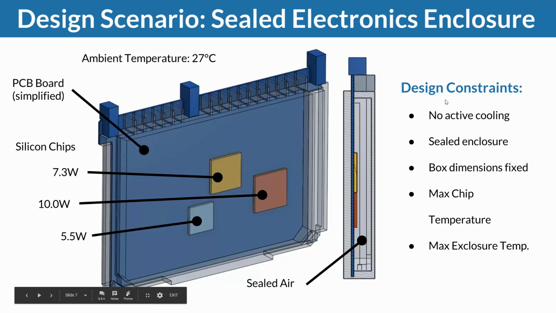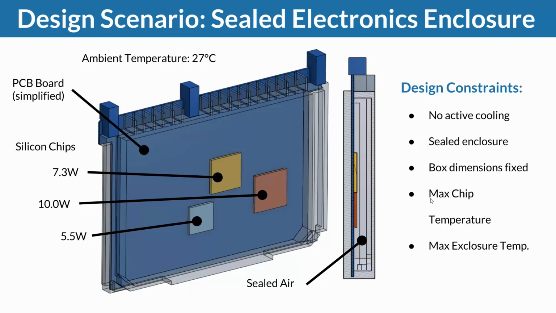And obviously there are a couple of design constraints. As discussed, that's a sealed enclosure, so we do not have the option of active cooling or putting any fans in here. For some reason, because this board is put in an industrial environment, the box dimensions are fixed. So we cannot increase the airspace that we have in here.